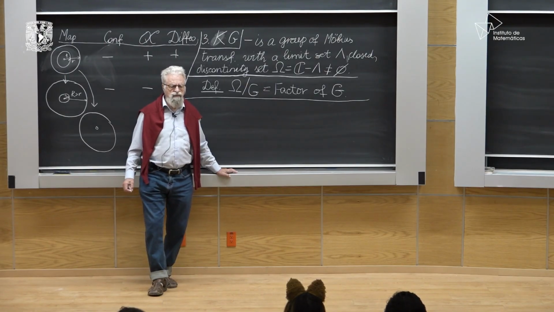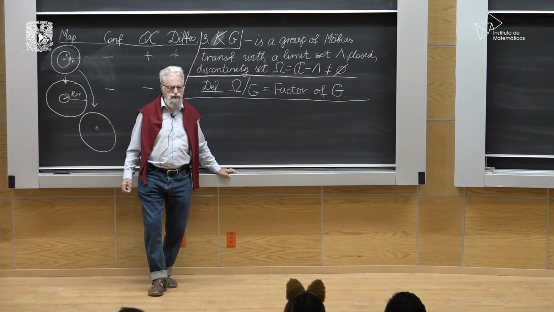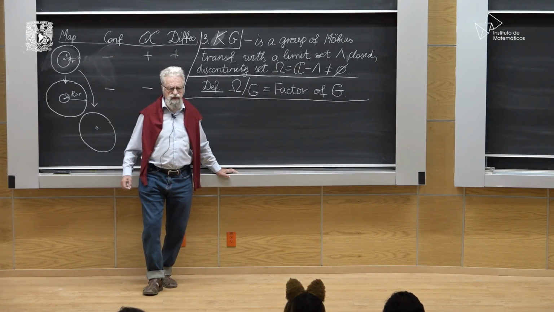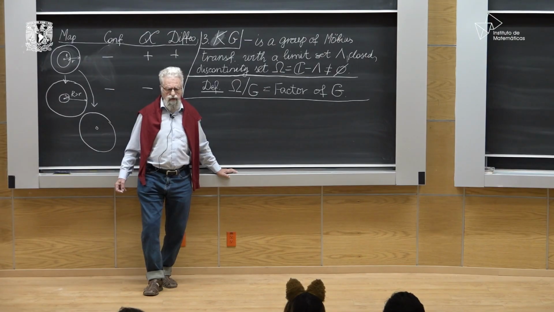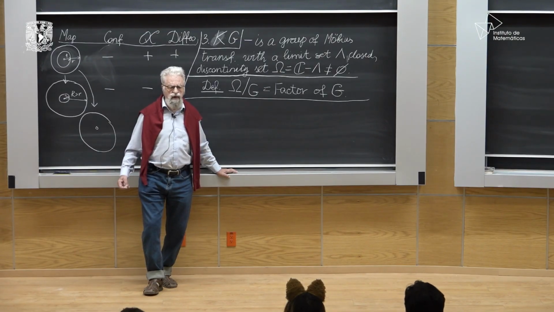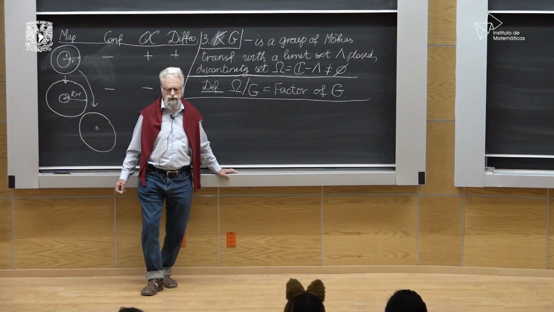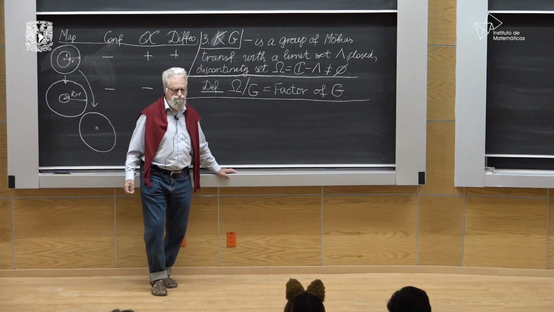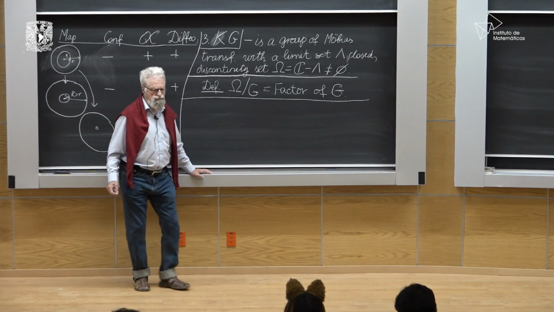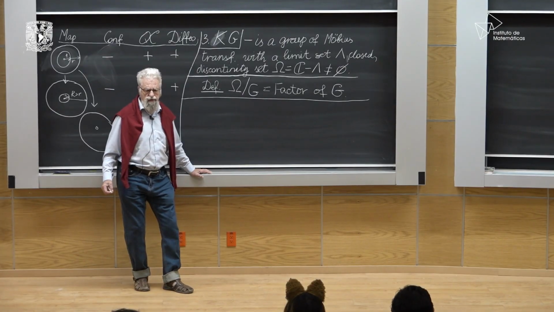This means that any Riemann surface is of finite genus, that is a compact Riemann surface with a finite number of punctures. So this is the statement of the Ahlfors theorem.